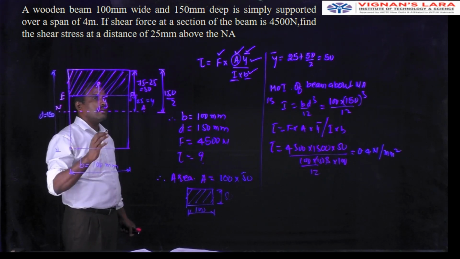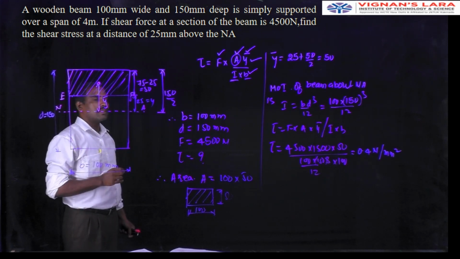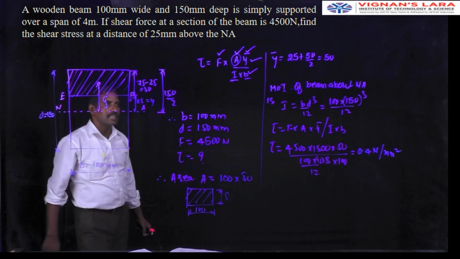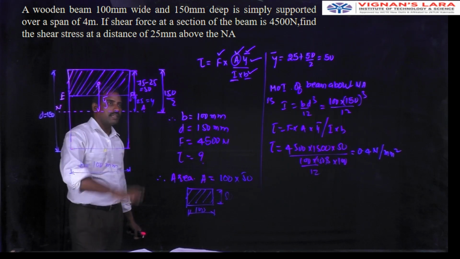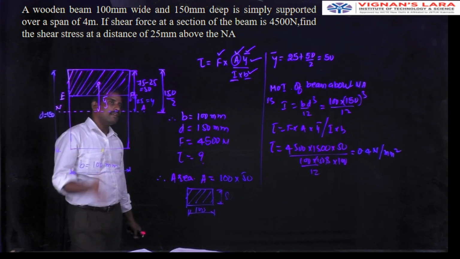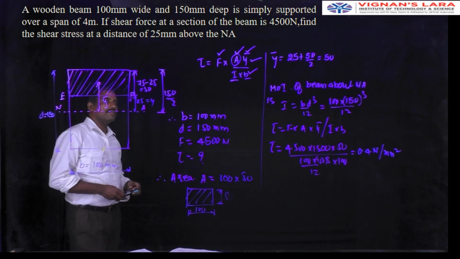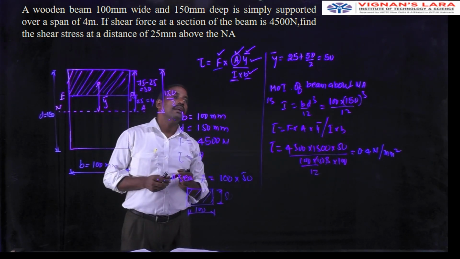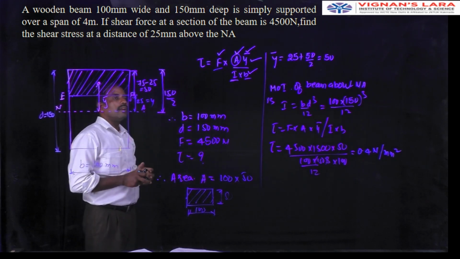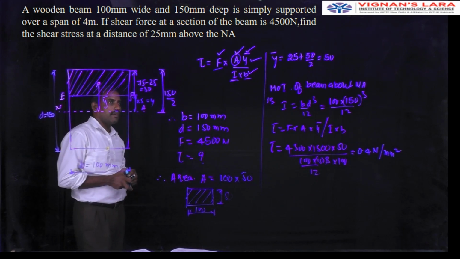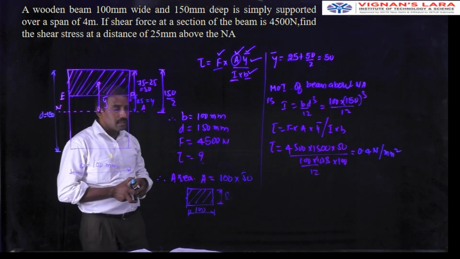Initially we calculated the total unbalanced force, which is equal to the shear force. Then whenever we substitute all these values, we know the shear stress in terms of the shear force and moment of inertia about its neutral axis. That is tau is equal to F into A Y bar by I into B. That is the first part.